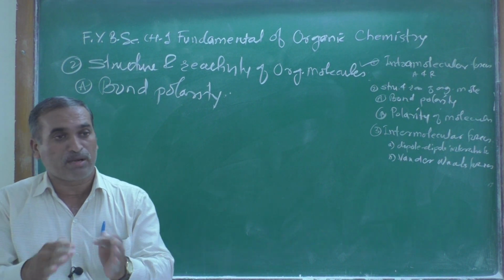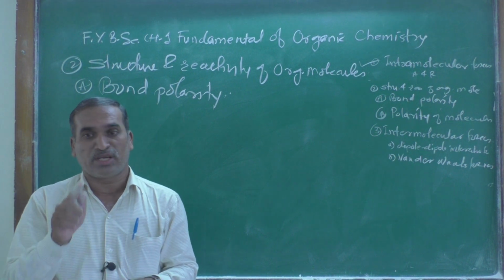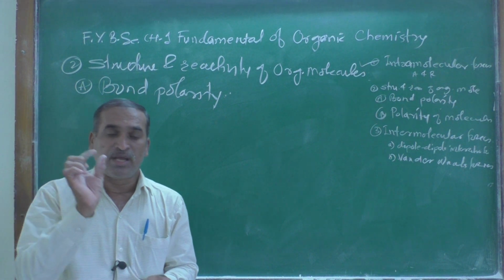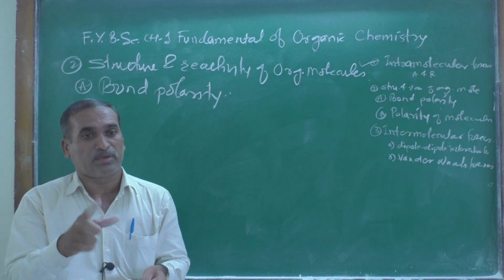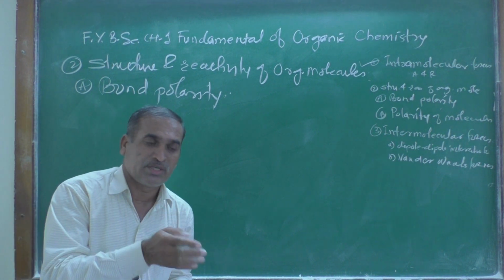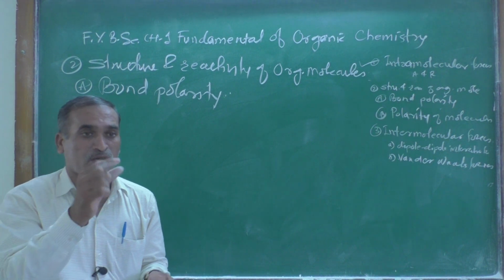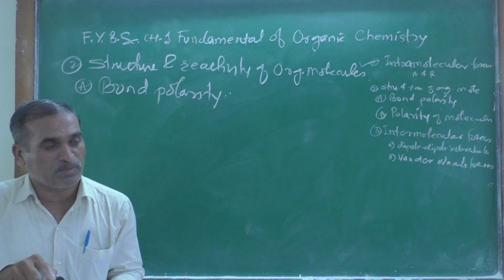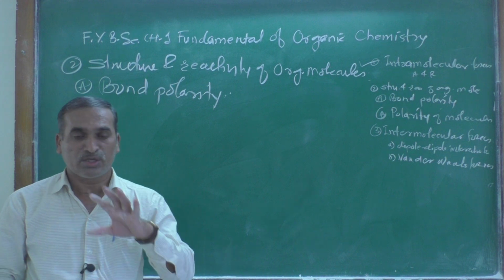We already learned about hybridization, and in hybridization there are three kinds of carbon atoms present: sp3 is a tetrahedral carbon, then sp2 hybridization, which has planar geometry, and the third one is the sp carbon, which shows diagonal or linear geometry.